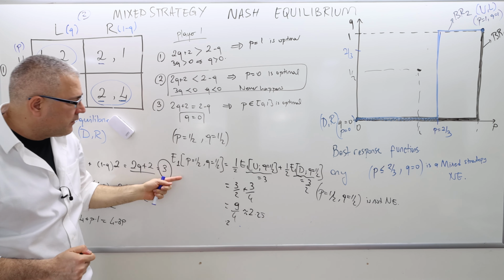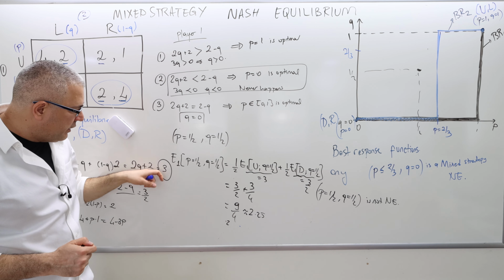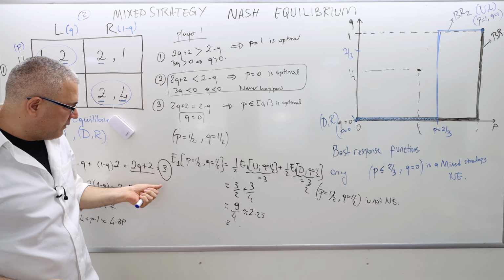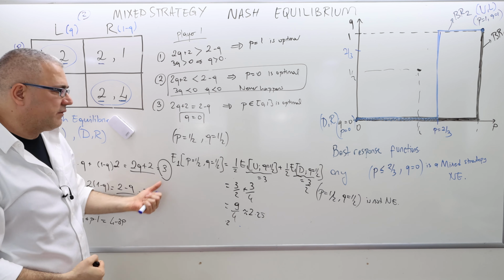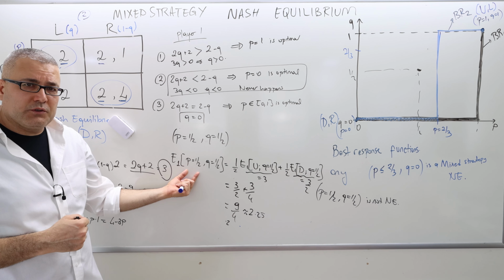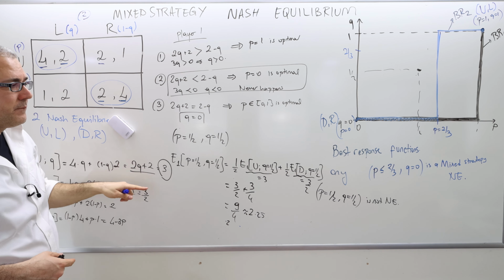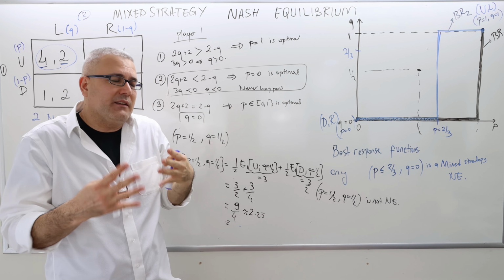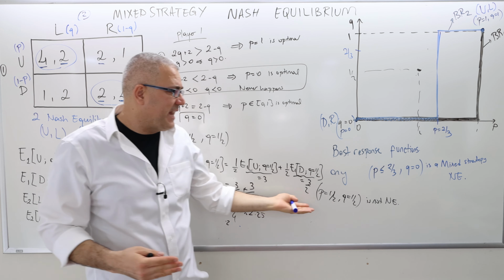But you force him to mix between U and D. And so by playing U, he would guarantee payoff 3. But because he's randomizing between U and D, his payoff will actually go below 3, to 2.25. And therefore, he's going to regret his choice because his optimal choice is to play U with probability 1. And because of this, at least one player is going to regret their choice. So therefore, this cannot be Nash.